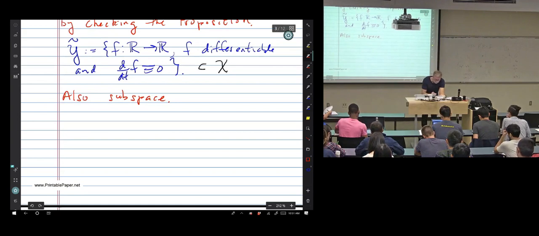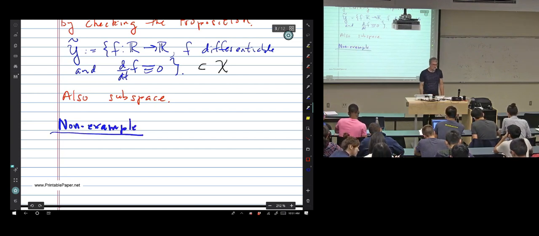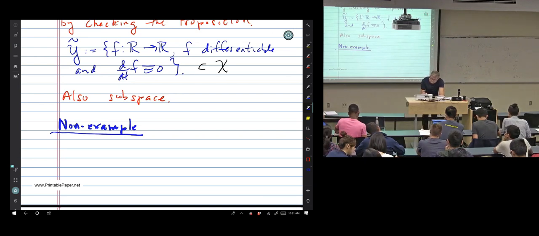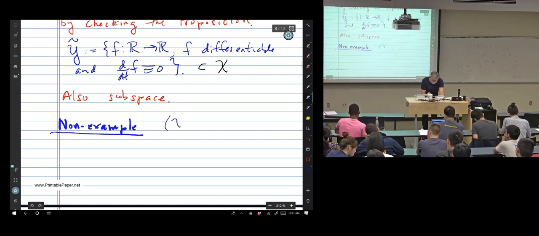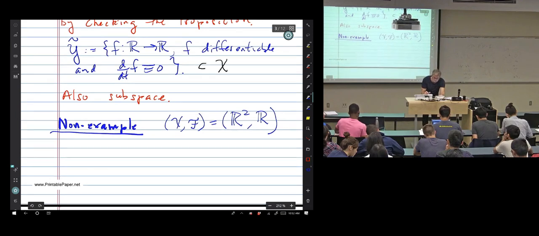And then a non-example. Non-example, let's see, what do I have here? Oh yeah, okay. I'll define my vector space to be, once again, R2 and R, just to keep it that simple.